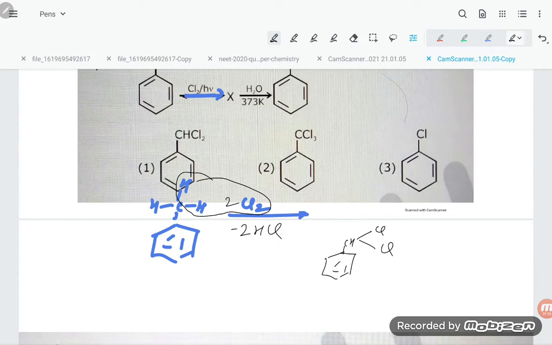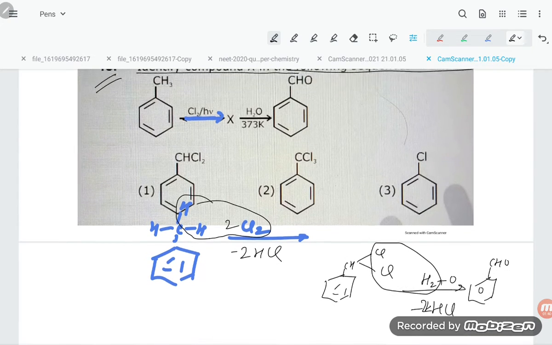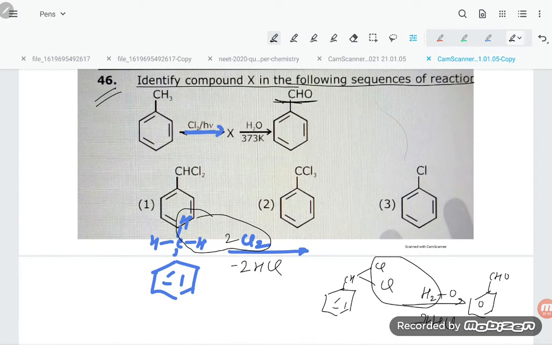Now if you are treating with HOH, that is H2O, so 2H and 2Cl minus 2HCl is out. So what will be the product? This is CHO. Easily you can find out this is CHO. So on hydrolysis of X it is giving aldehyde.